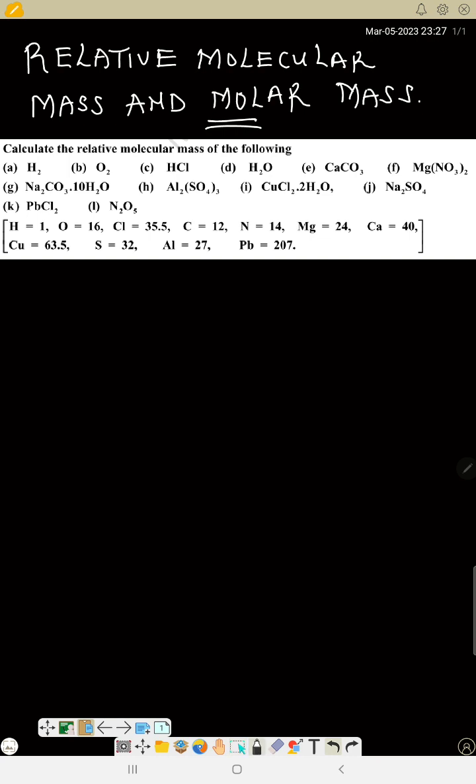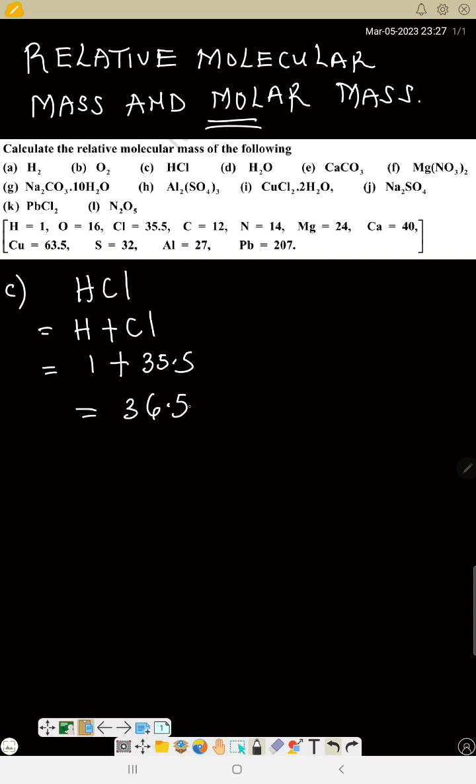So the next one is HCl. What is HCl? HCl is hydrochloric acid. We have 1 hydrogen plus 1 chlorine. Hydrogen is 1 plus chlorine is 35.5, so that is 36.5.